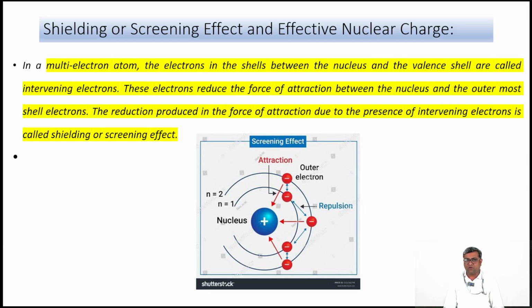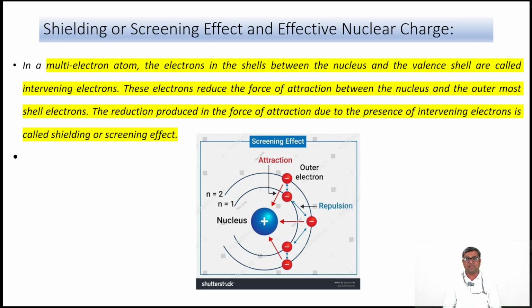We know that the nucleus has a positive charge and electrons have a negative charge, and between the positive and negative there should be a force of attraction. But in between the nucleus and the outermost shell there are electrons, called intervening electrons.